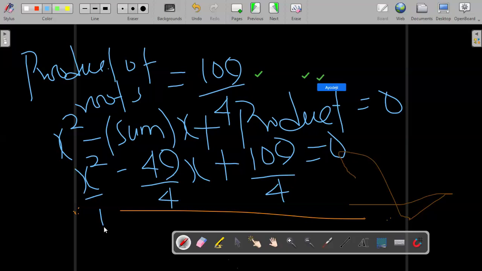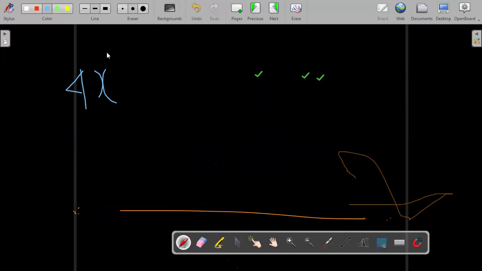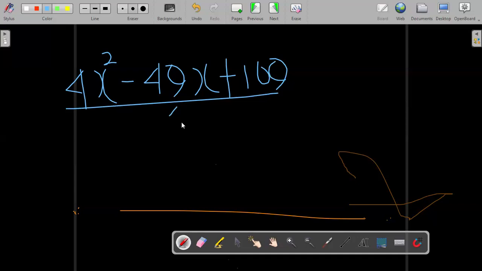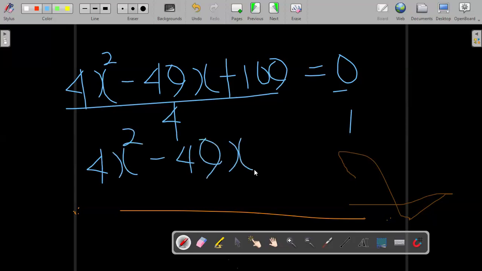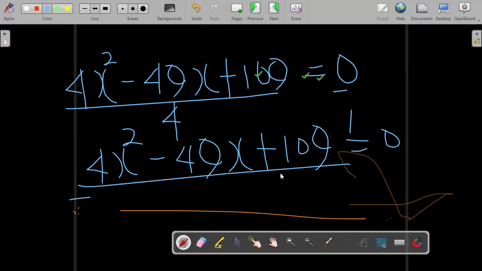The LCM will be 4. So I'm going to have 4x squared minus 49x plus 109 over 4 equals 0. If you cross multiply, you are going to have 4x squared minus 49x plus 109 equals 0.